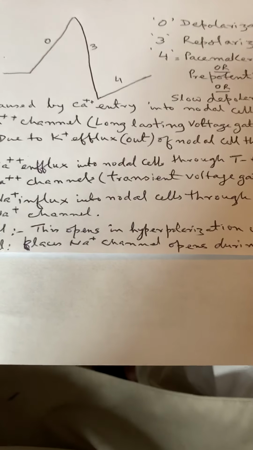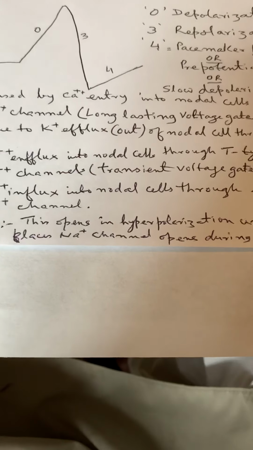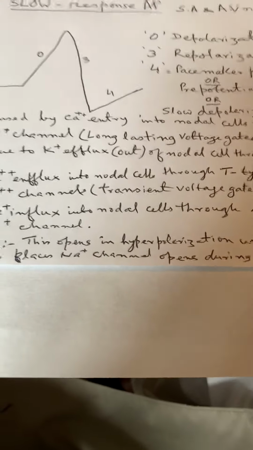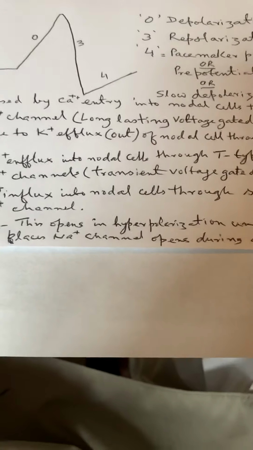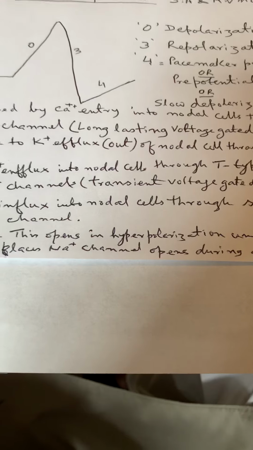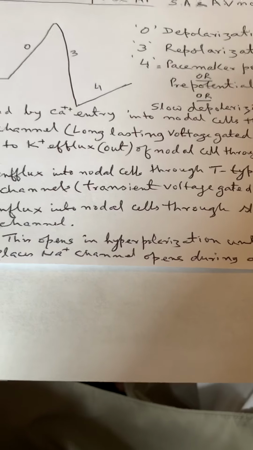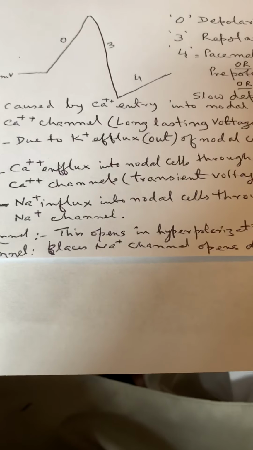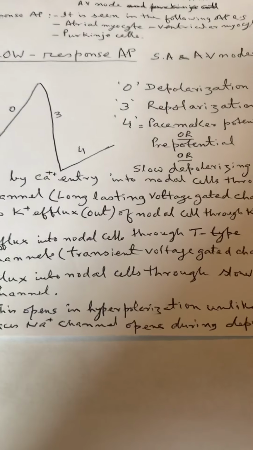Sodium enters during depolarization in all the other tissues, while here in phase 4 the sodium enters slowly into the node when there is hyperpolarization. So this channel opens during hyperpolarization, not in depolarization. That's why it is called the funny channel. So this is the SA node.